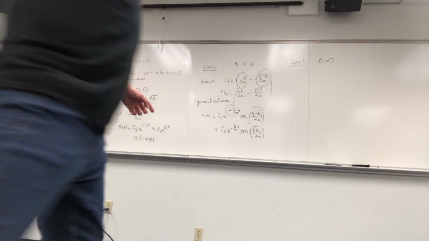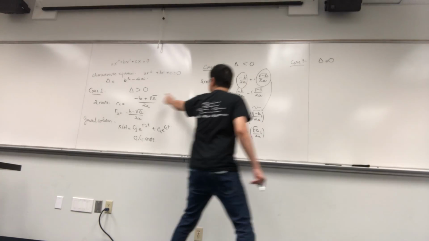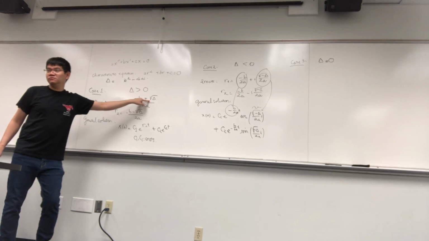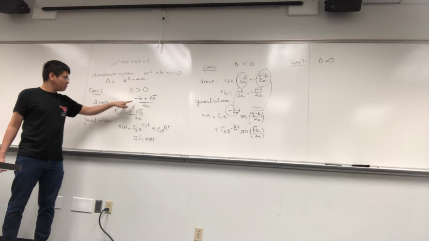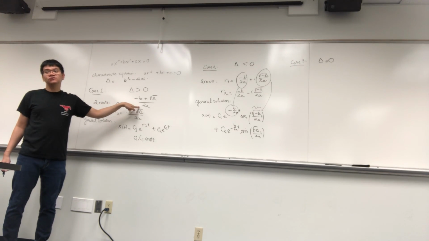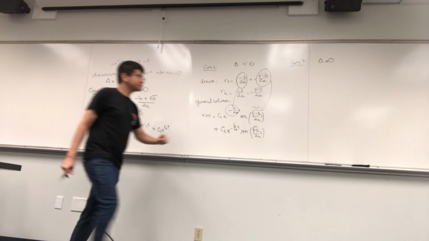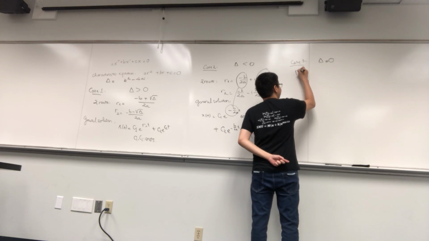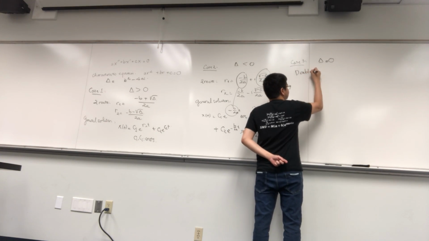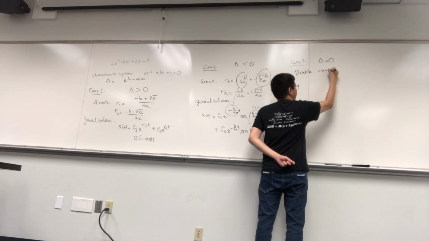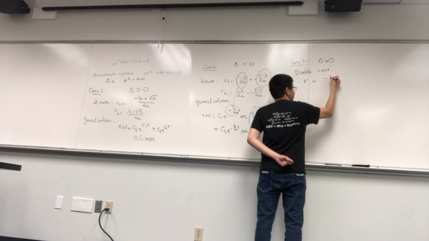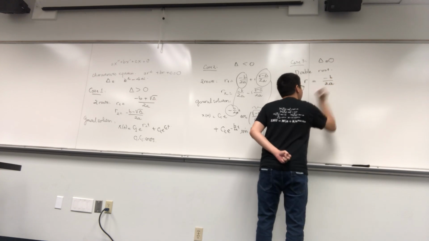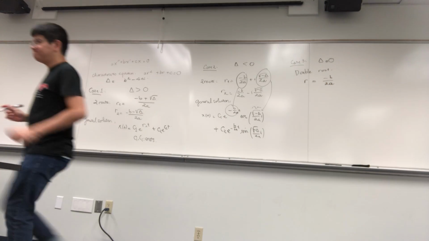Right, so in this case, you want to replace delta here. Delta is 0, meaning that r1 and r2 are both minus b over 2a, right? So in this case, we have a double root. So r will be minus b over 2a. All right?